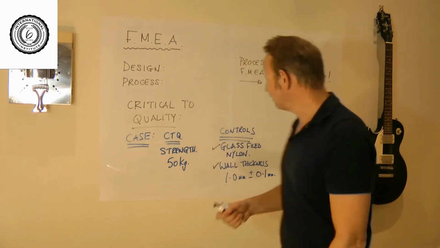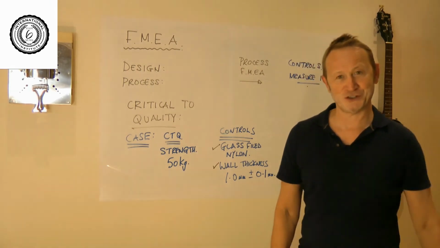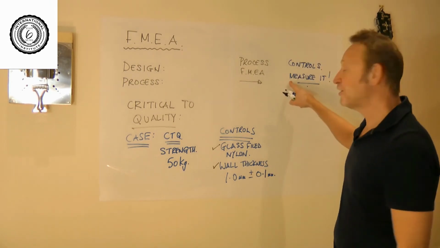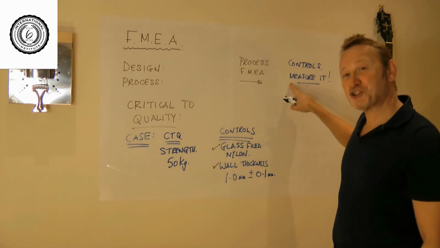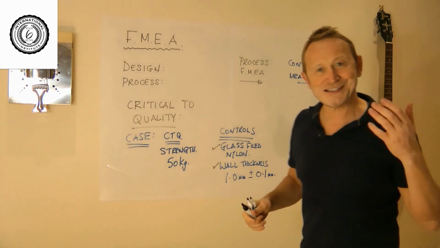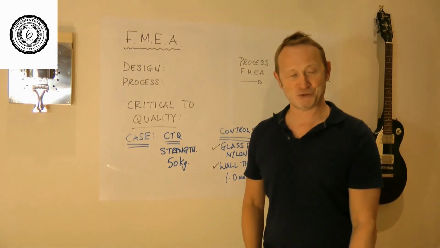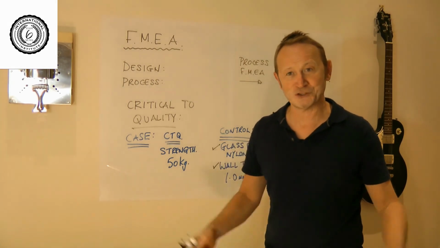Now quite honestly, that's not a control. That's a filtering system. That's basically saying, we haven't got a clue how to do this. So because we don't know what we're doing, we're just going to grade all the crap out and throw it in the bin. Well, that's a terrible control. That's not a process control. It's just a gatekeeper to the rubbish that you're producing.